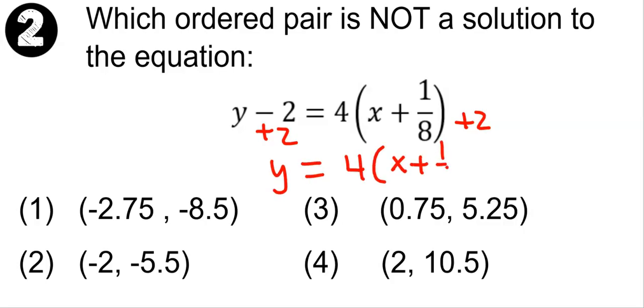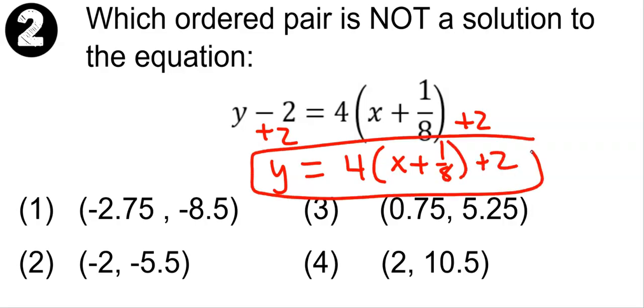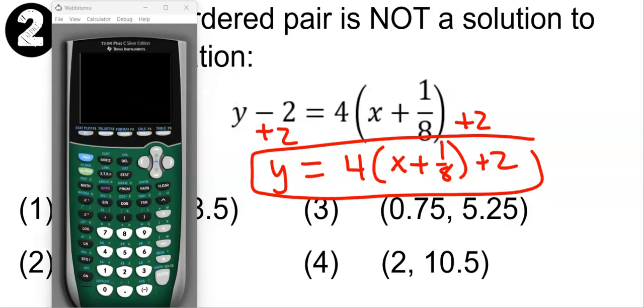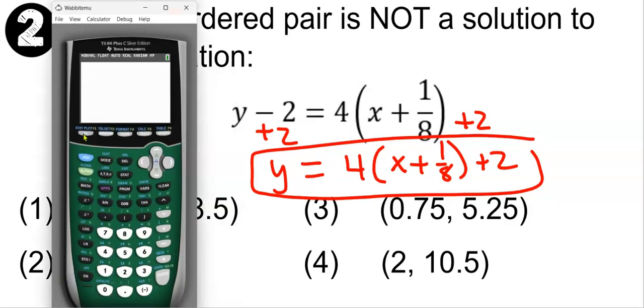Even without distributing, I can just modify this statement and type it into my calculator. So in my y equals button here, I'm going to type 4 parentheses x plus 1/8, close the parentheses, and then put my plus 2 on the side.